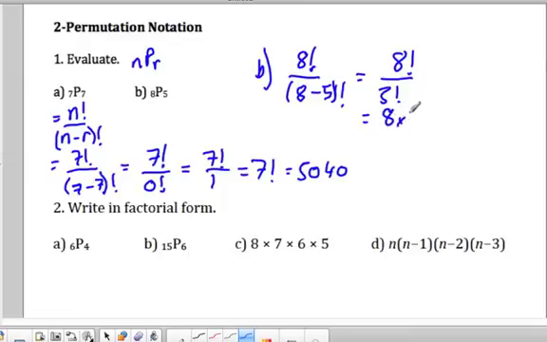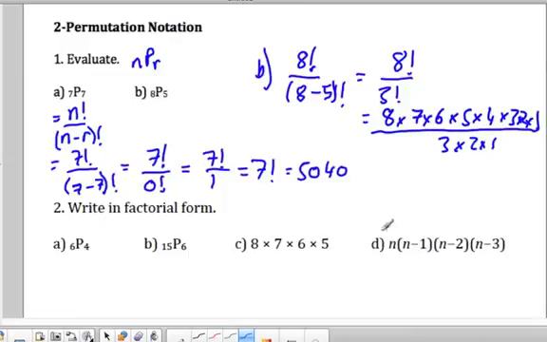So 8 times 7 times 6 times 5 times 4 times 3 times 2 times 1, all over 3 times 2 times 1, and the 3, 2 and 1 cancel out top and bottom.